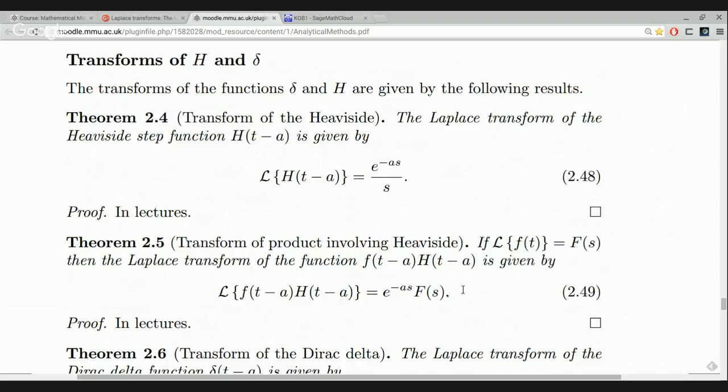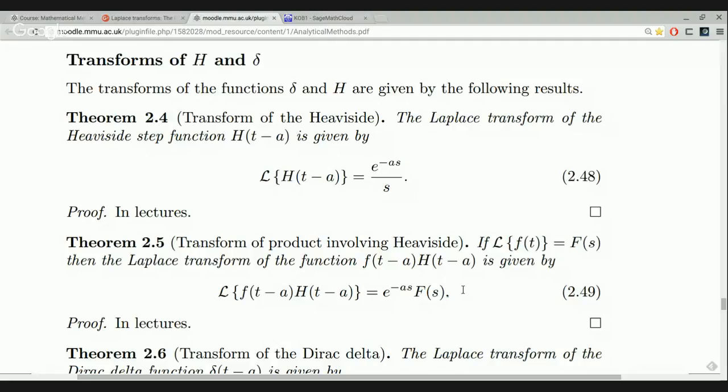So, yeah, 10 minutes, that's enough time. So, theorem 2.5, the proof of this. Again, we'll jump into it directly. By definition, this is the integral from 0 to infinity, e to the minus st times f of t minus a, h of t minus a times dt.